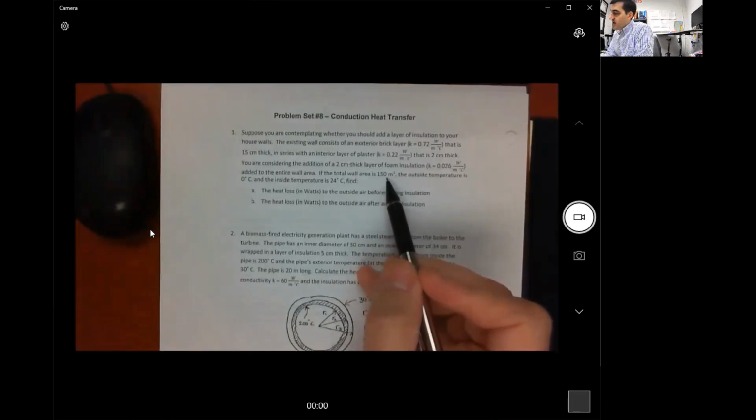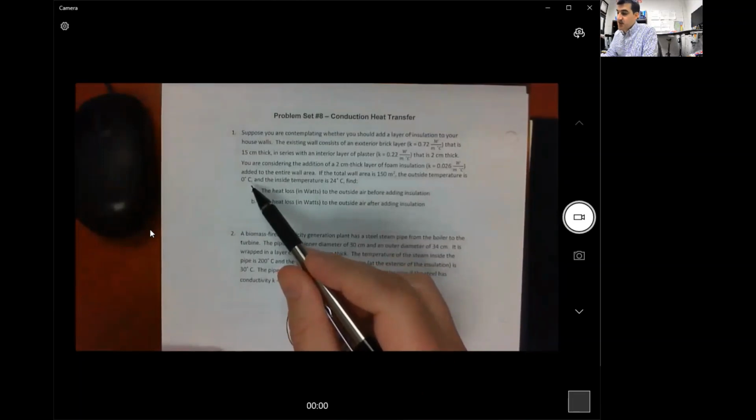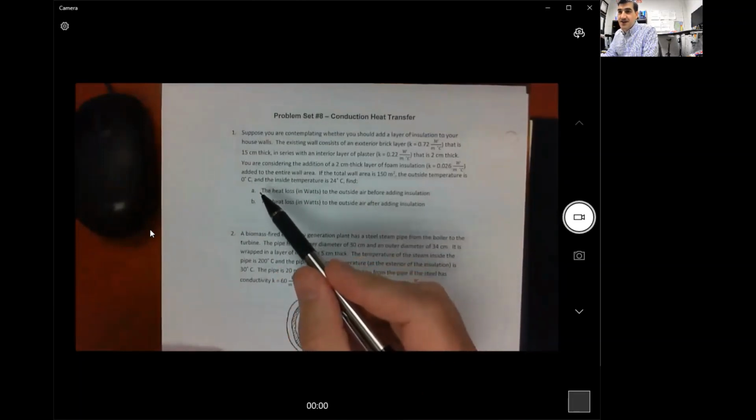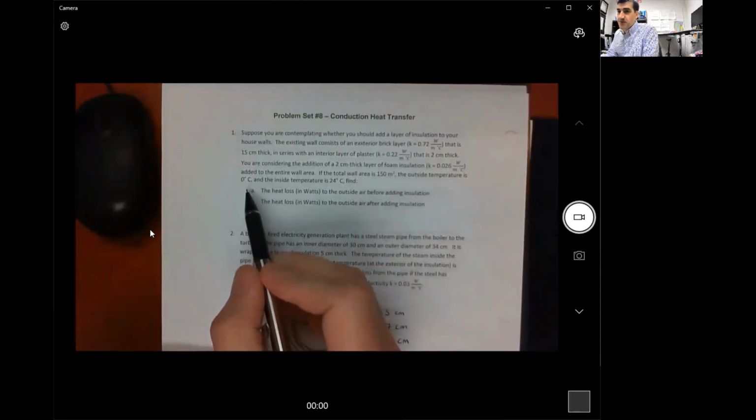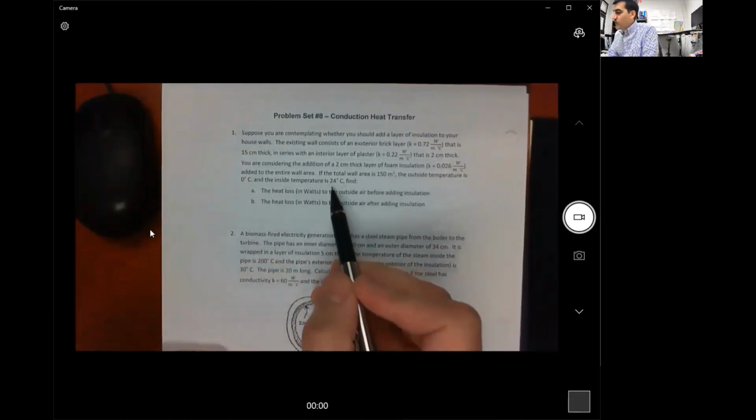meters squared. And we're going to say the outside temperature is 0 degrees Celsius, which has been actually a little higher than it's been in central Illinois recently for the better part of the last week. And the inside temperature is 24 degrees Celsius.